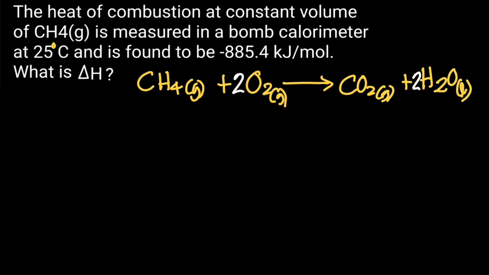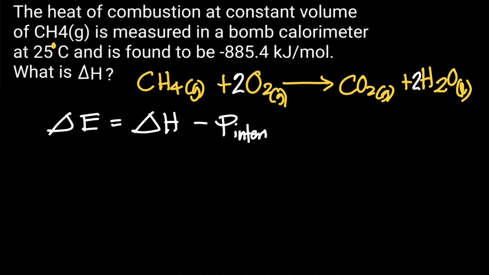Now let's solve for the change in heat. We're given here the internal energy. So we use the formula delta E equals the change in heat minus the pressure times delta V, or the change in volume.